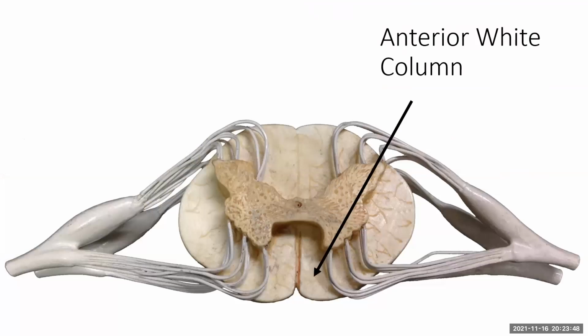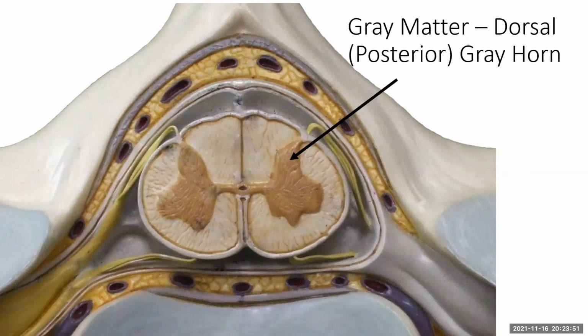All right, now let's flip it and talk about the gray matter. So our gray matter is going to be made up of unmyelinated axons, cell bodies. That's going to include the dendrites, because the dendrites come off the cell bodies, and also glial cells, but we're not really going to discuss the glial cells so much. Okay, so this back portion here is known as the dorsal gray horn, or you can call it the posterior gray horn.